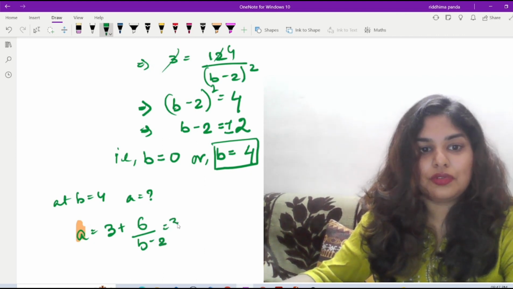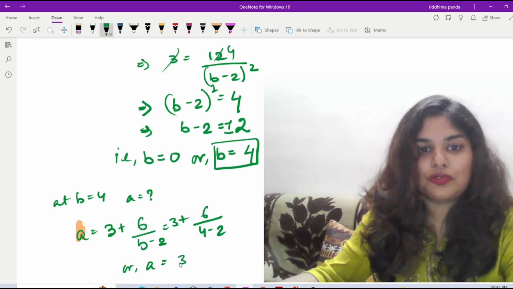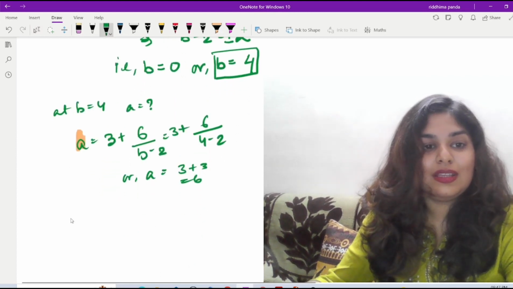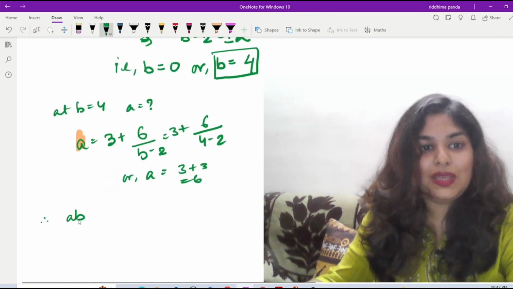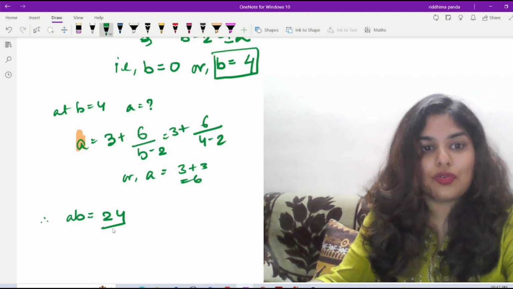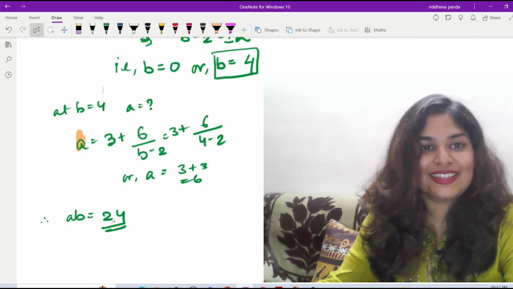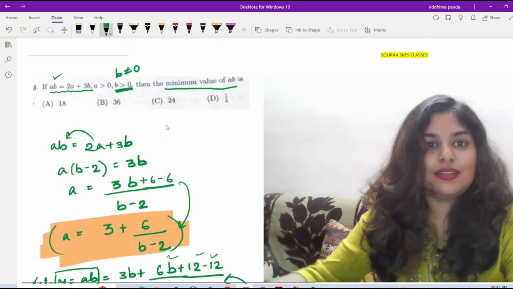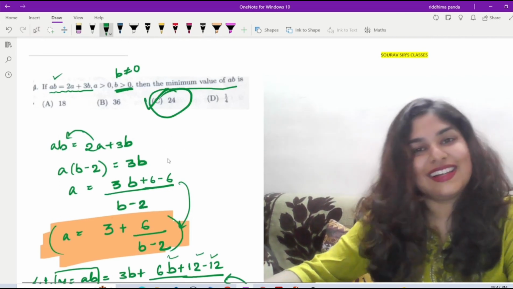That is equal to 3 plus 6 by 4 minus 2, or a is equal to 3 plus 3, which is equal to 6. Then what is the value of AB? Therefore, AB is equal to 24. So that is the answer. So let's see what our option is here. Yes, C is the option. 24 is the correct answer.